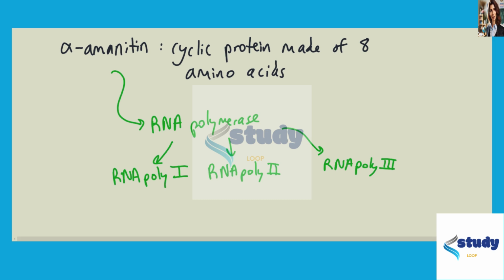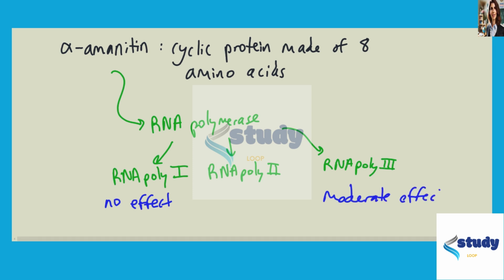If we outline the effect that alpha-amanitin will have on each of these polymerases, we find that in RNA polymerase 1, there is no effect. RNA polymerase 3 is affected only if there's a very high concentration of alpha-amanitin, so we can say it's a moderate effect.